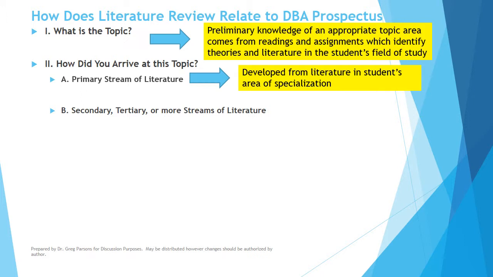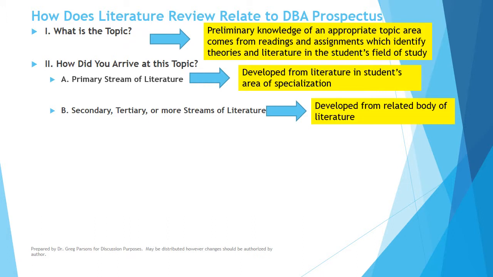So you have your primary stream of literature, you have your secondary or tertiary or more streams of literature, and again, those are coming from related bodies of literature that need to be analyzed. And this actually shows why maybe you don't want to have 3, 4, 5 streams of literature, because if you've got to write a literature review for each body of literature that you're thinking of incorporating, this is going to be a massive task.